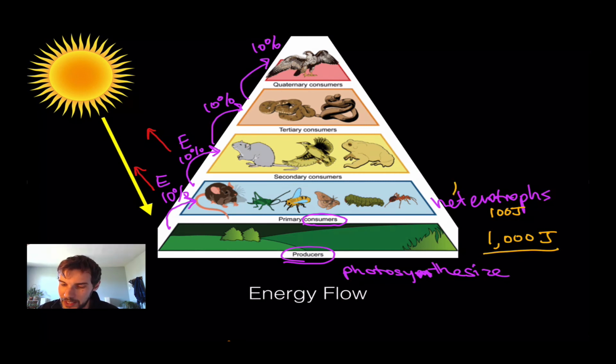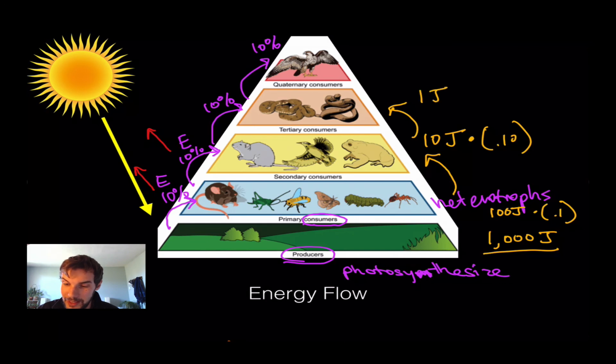As we go up again, we multiply by 0.1, which is 10%, and we get only 10 joules. Going up again, multiply by 0.1, and that's 1 joule. And we multiply again by 0.1, and we're only going to get 0.1 joules of energy.